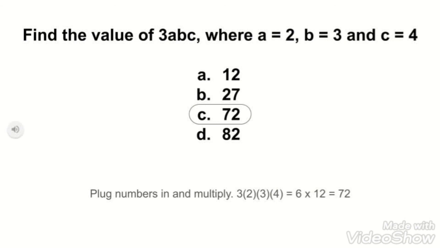It's a little different when you start talking subtraction, division, exponents. Parentheses change a lot of things like that. That's why the order of operations is so important. But nonetheless, 72 should be your answer.